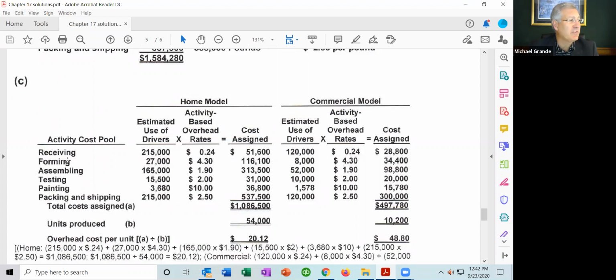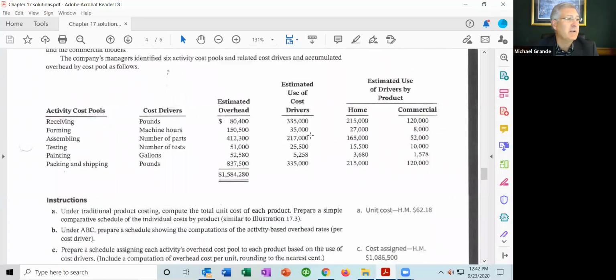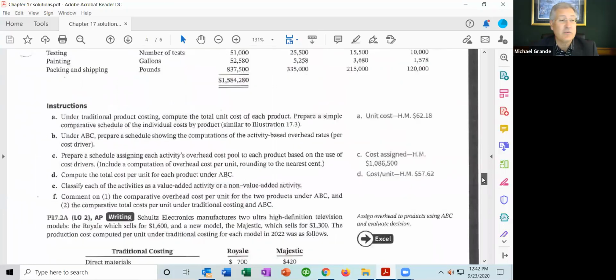For example, receiving has 215,000 of the 335,000 activity, and commercial has 120,000 of the expected. Where does it come from? All comes from this chart, right? 215,000 pounds for home, 120,000 pounds for commercial. It's given to you.